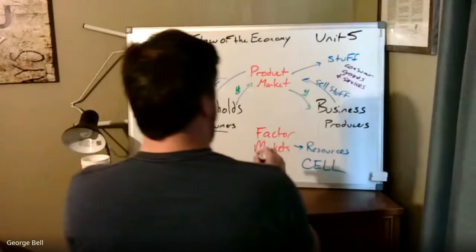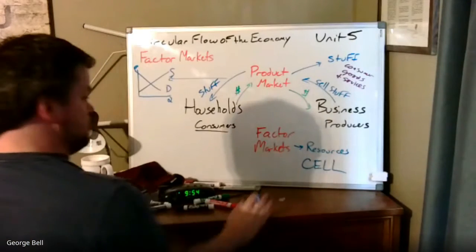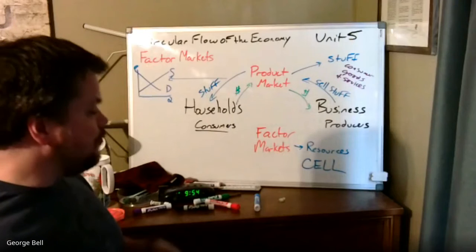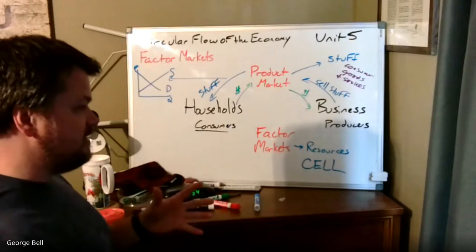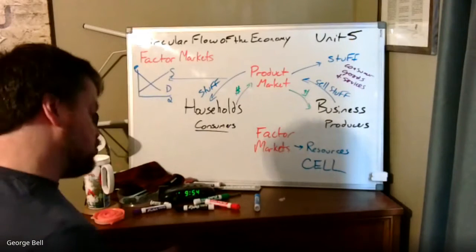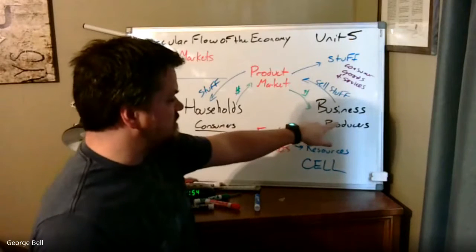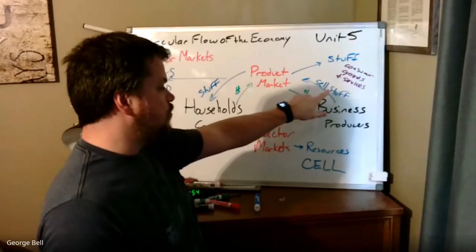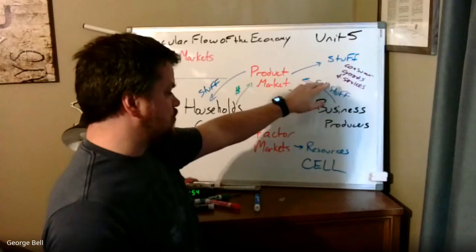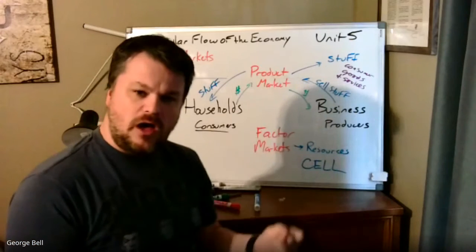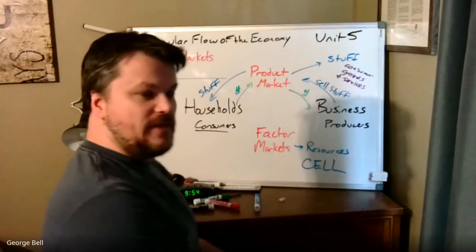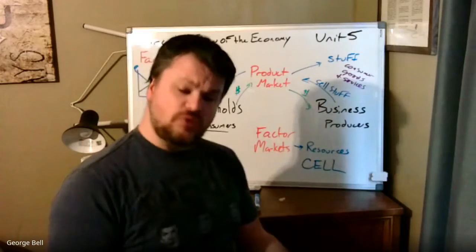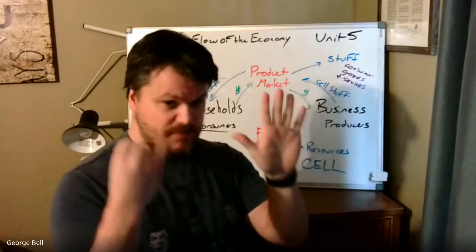And so factor markets are what businesses use to produce. They use the resources to build the stuff that they're trying to sell. So for example, if businesses are selling shoes, they need leather, they need cloth, they need dye so they can make the leather colorful. They need machinery, they need tools, and they need people.